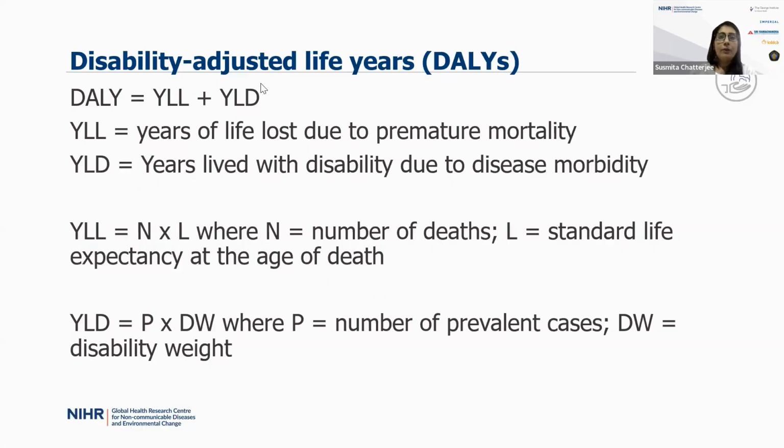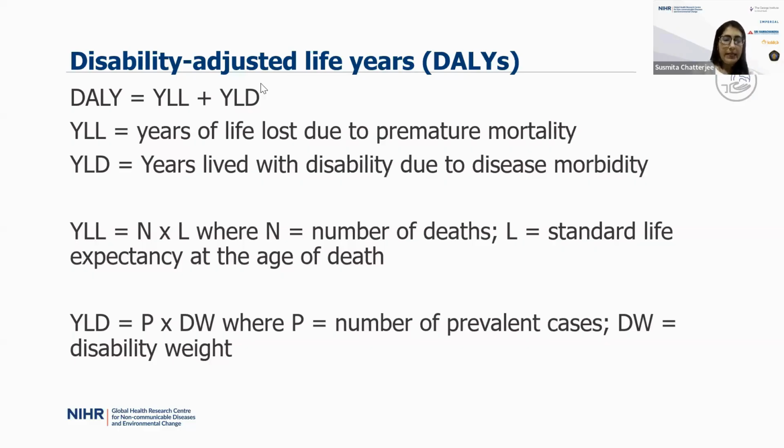A person will probably not rate depression and terminal cancer in the same way. So that means disability weight is based on the critical condition of the disease or condition.